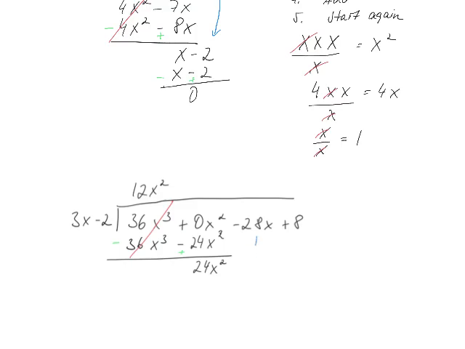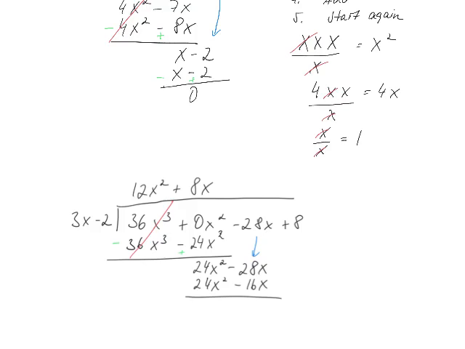I bring the next one down, which is minus 28x, and then I start again. So 24x squared divided by 3x gives me 8x. Multiply back: 8x times 3x is 24x squared. 8x times minus 2 is minus 16x.